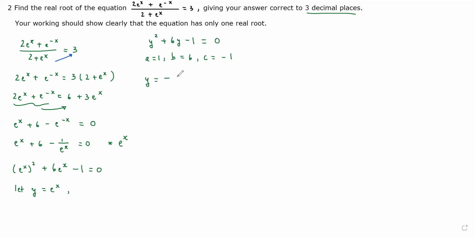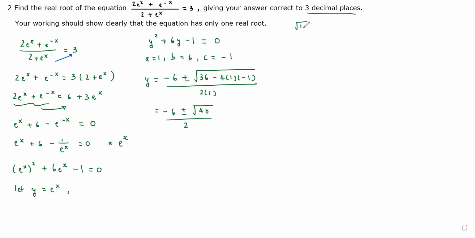Then y is negative b, which is negative 6, plus or minus the square root of b squared, which is 36, minus 4, a is 1, c is negative 1, all over 2a, which is 2 times 1. That will give us negative 6 plus or minus the square root of 36 plus 4, since the negative times negative ends up positive, so the square root of 40 all over 2.